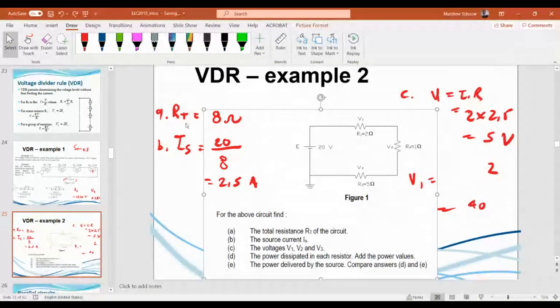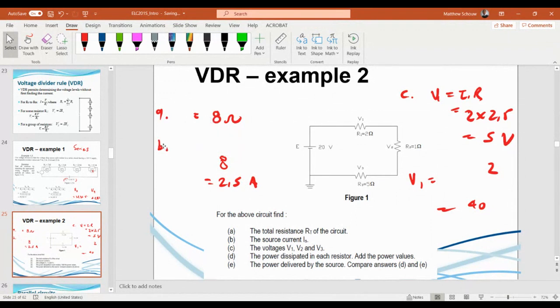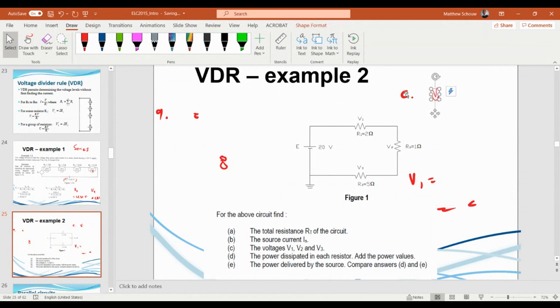What is power equal to? You guys remember? Voltage times current. In an electrical circuit, that's correct. Voltage times current. So if we can find the voltage across each one, you'll be able to find the power, right?